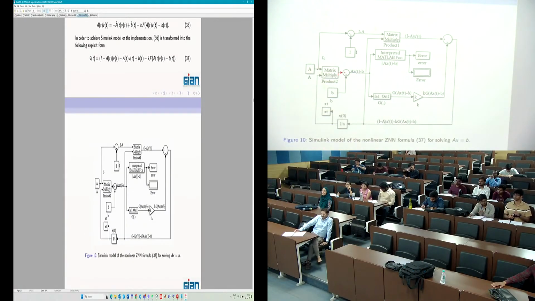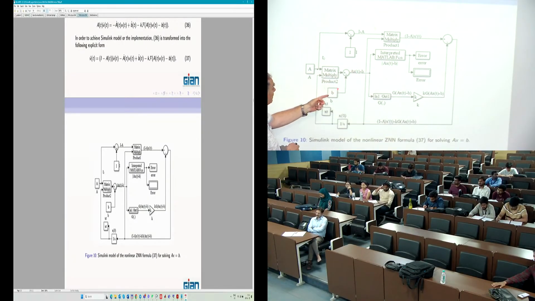It is simple. Input is matrix A, an invertible matrix in this case. We need A, and input is also vector B.